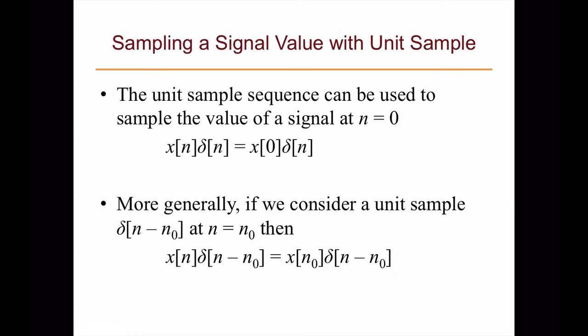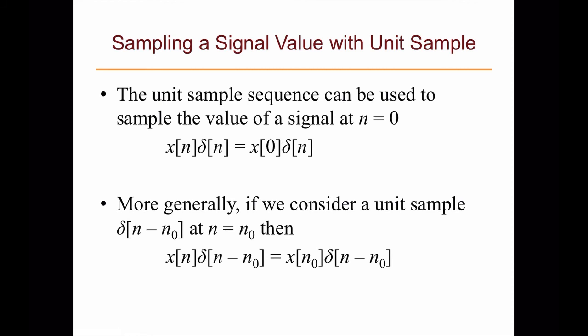The unit sample function can be used to sample a value of a signal. If you multiply delta[n] with x[n], what you have is x[0] delta[n]. So you can sample the value x[0] when you multiply the signal with delta[n]. The reason is that delta[n] only has a value at n equals 0.